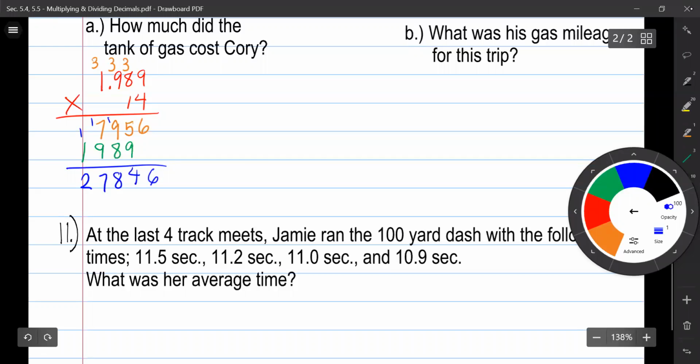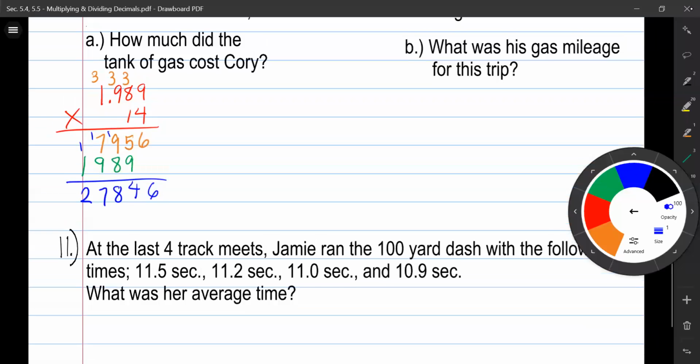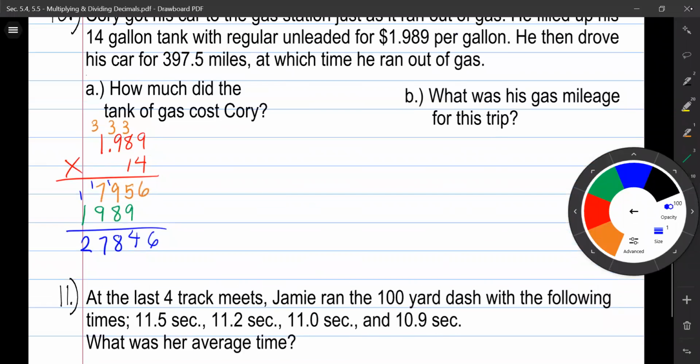All right, so I got 27846, and I need 3 of those digits to be after the decimal point.